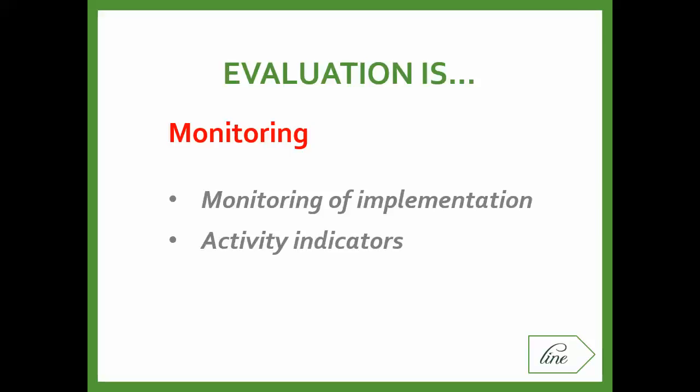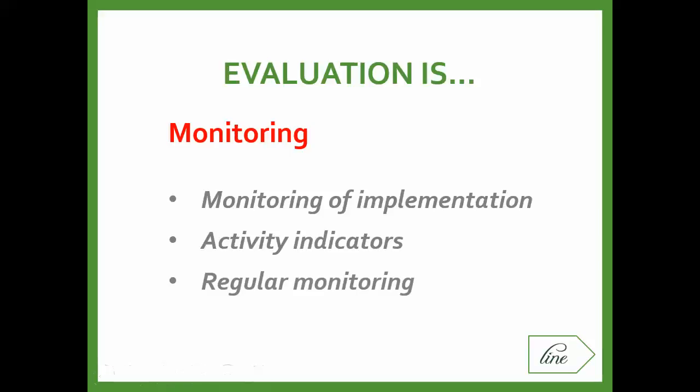Those will be the activity indicators. The important point here, which we are not going into in depth in this tutorial, is that there is a stark difference between activity indicators and performance indicators, because activity indicators are something that you are able to control along the way and calibrate so as to help you achieve the outcome. So when you're looking at activity indicators, it helps you to monitor implementation.